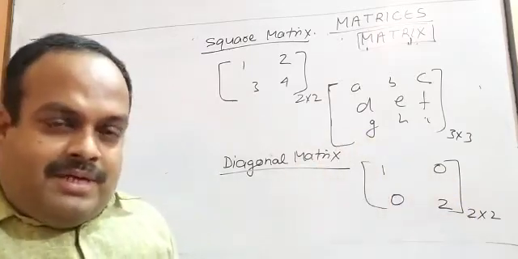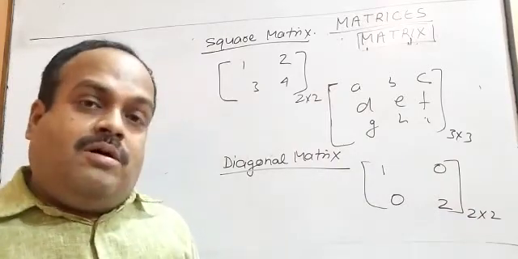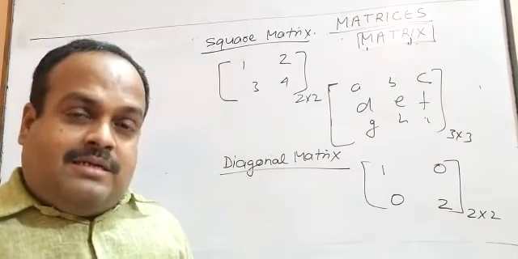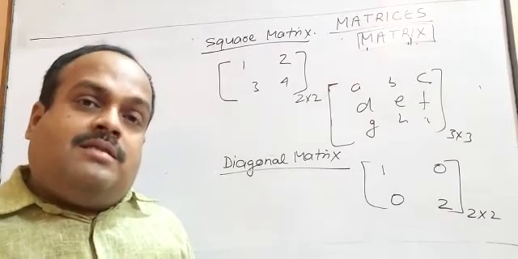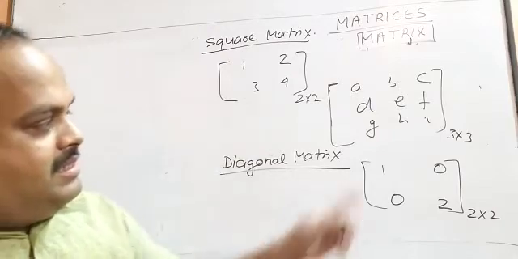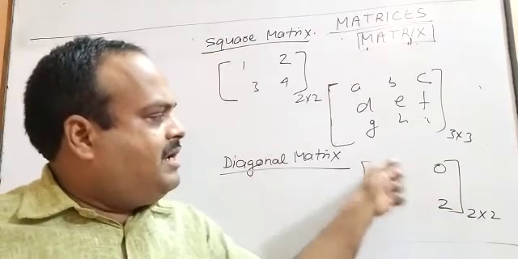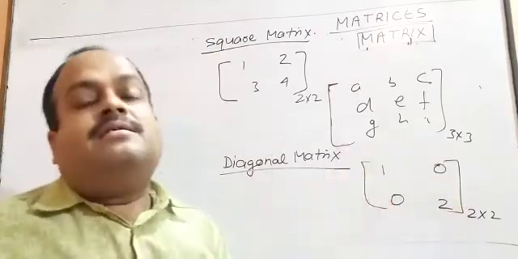If in a square matrix every element is 0 other than the leading diagonal elements, this is the leading diagonal, and on this leading diagonal we have non-zero elements and others are 0.